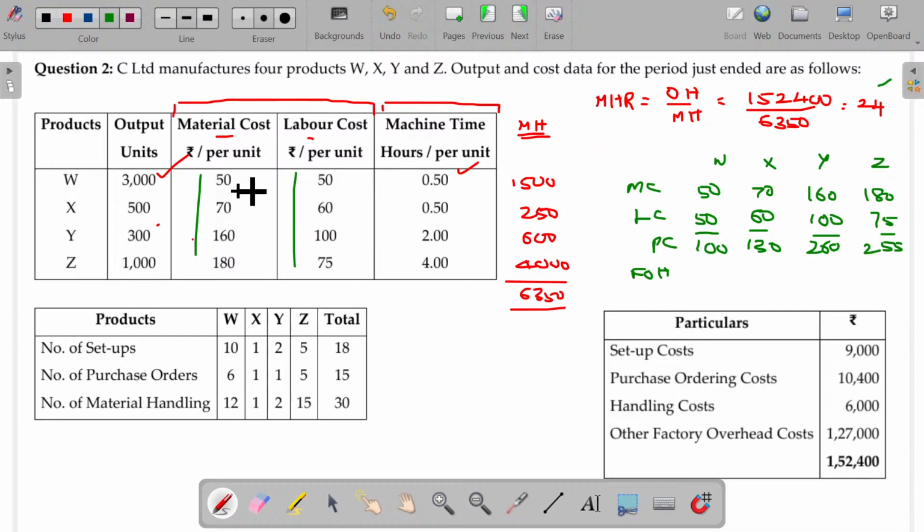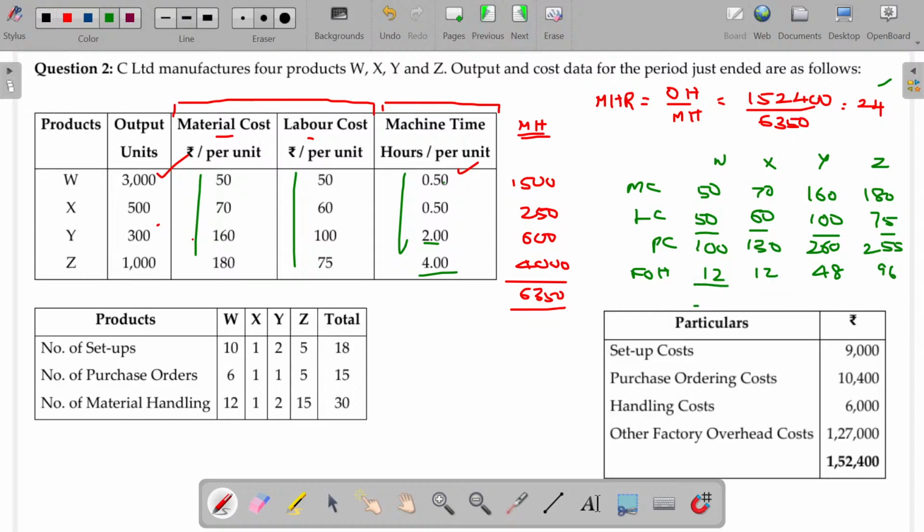Per hour is 24. For W, half an hour required. Then 24 into half an hour, 12 rupees. And here also 12 rupees. 2 hours required here means 48 rupees. 4 hours required, then this value being 96.